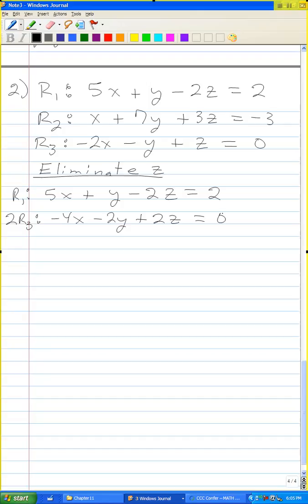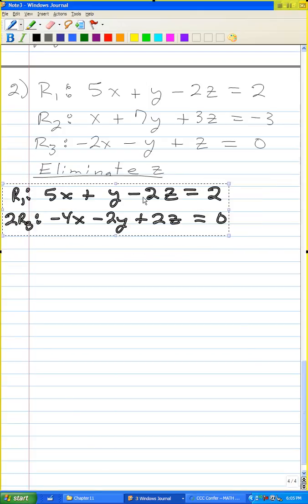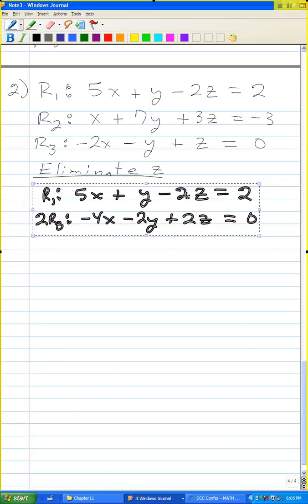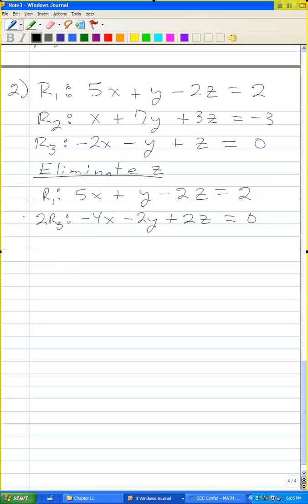And add. If I do that, actually let me move this over slightly so I can show you my plus sign. And so let's add. If I do that, I get, well, 5x minus 4x is x. Y minus 2y is minus y. The two z's cancel, equals 2. Let me call that a new equation, S1.